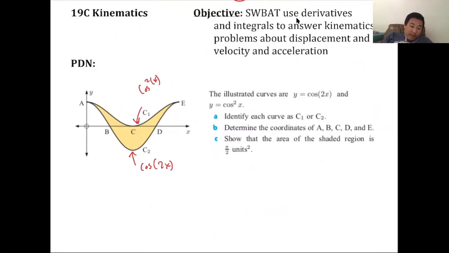Determine the coordinates of A, B, and C. Well, this is 0. B, so it's 2x. Normally this is 2 pi, but this is pi. This is pi over 2. And then this is pi over 4. And that's 3 pi over 4. Show that the area of the shaded region is pi over 2 units.